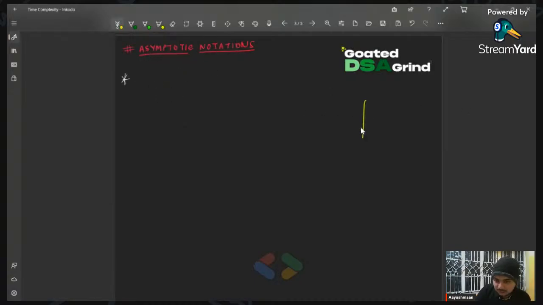Whenever a graph tends to infinity, this portion is known as an asymptote. So here we will not be considering very small values of n. We will consider values of n which are very large, very significant. That's what asymptotic means.